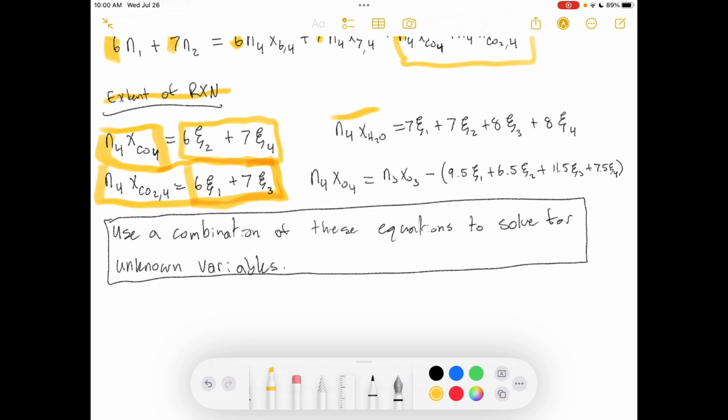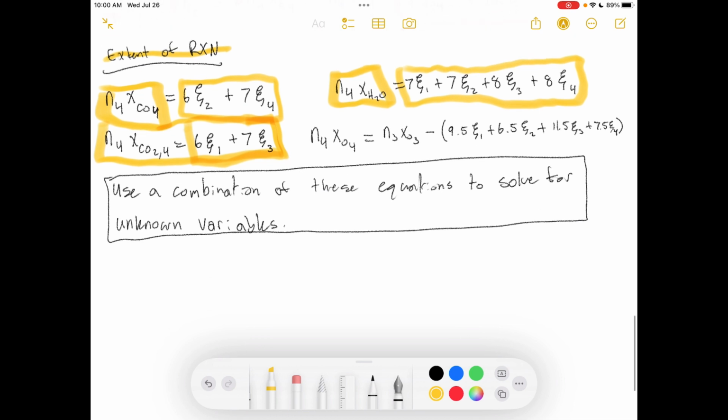And then with the water, same thing, except it's based on all 4 of the equations. And then same thing for the oxygen, except this is a reactant, right? So you start off with a certain amount, and then you lose a certain amount based on the extent of the reactions, right?